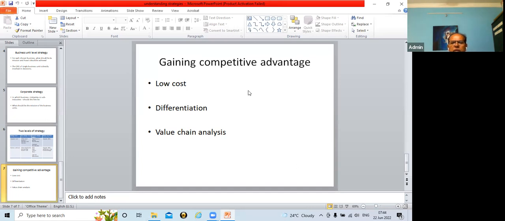And I explained differentiation. We have taken the soap example. Now let's take another example, say even cars. How do cars have differentiation? Maybe two-wheelers. How do two-wheelers have differentiation?